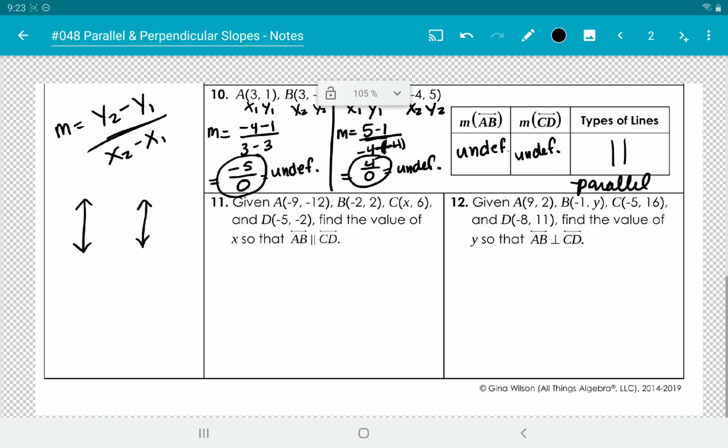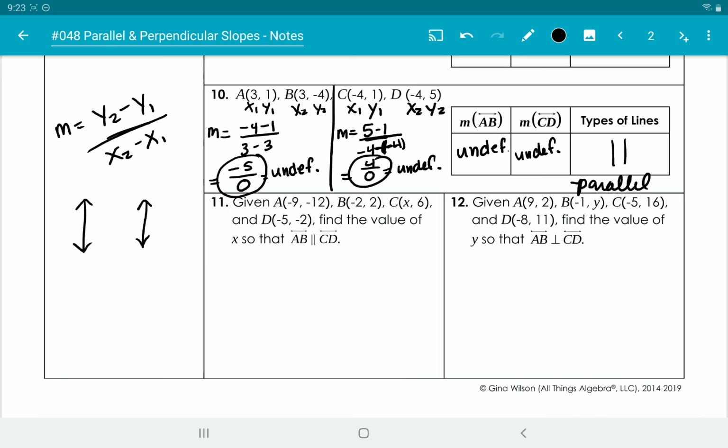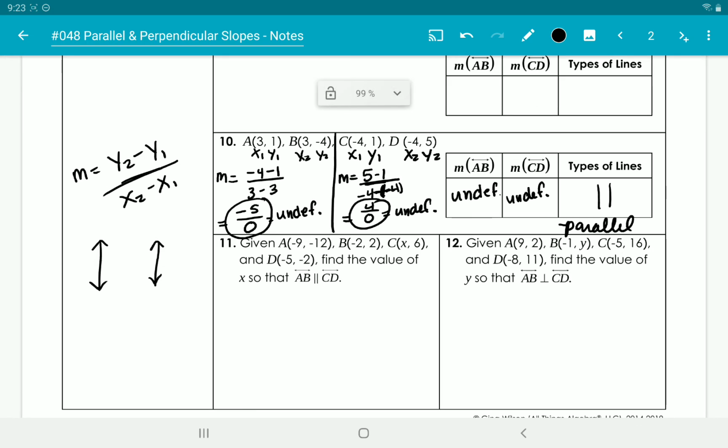So anytime you have two lines with a slope of 0 on both, they're going to be parallel. And then if you have undefined and undefined, they're going to be parallel because, again, they're the same.